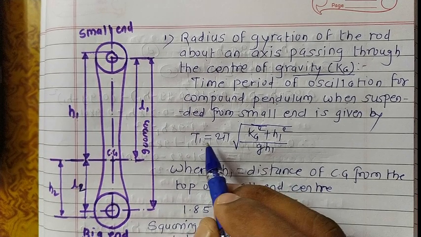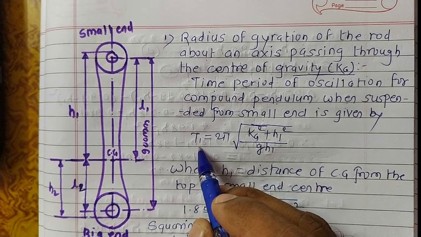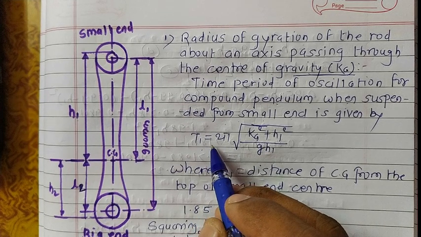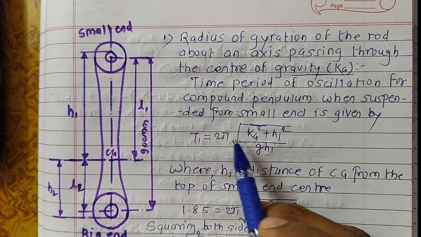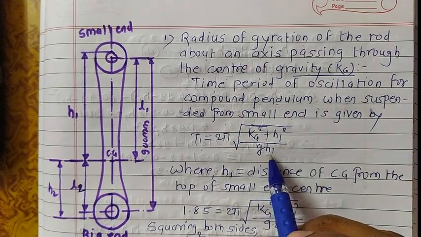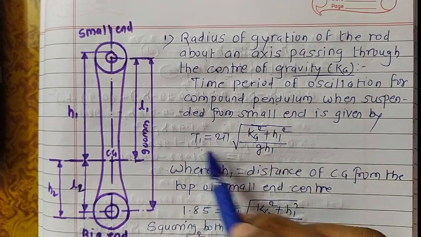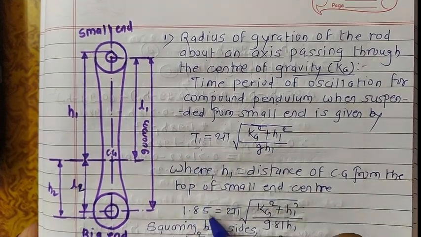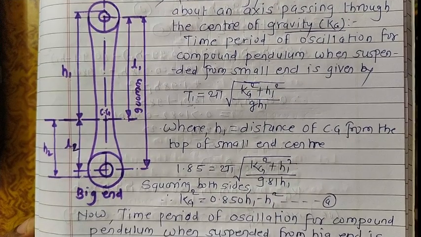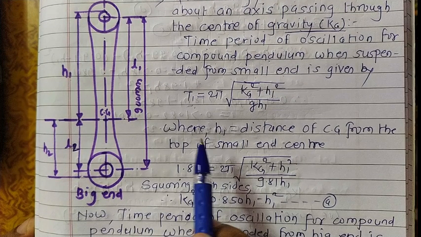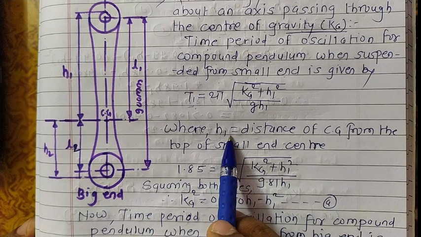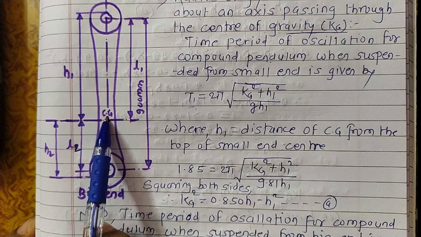So T1, when the connecting rod is suspended from the small end, is 2 pi into square root of (kg square plus h1 square) divided by (g into h1). T1 is already given as 1.85. I already discussed that h1 is the distance of the center of gravity from the top of the small end center.